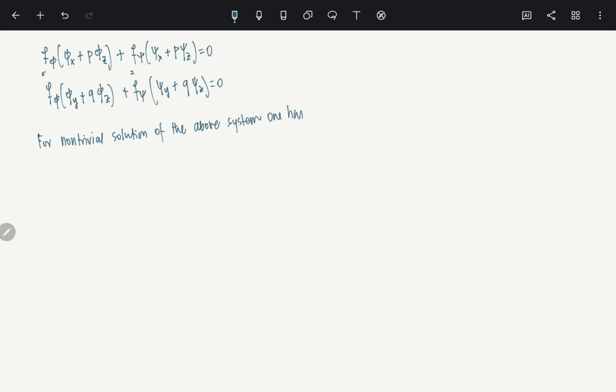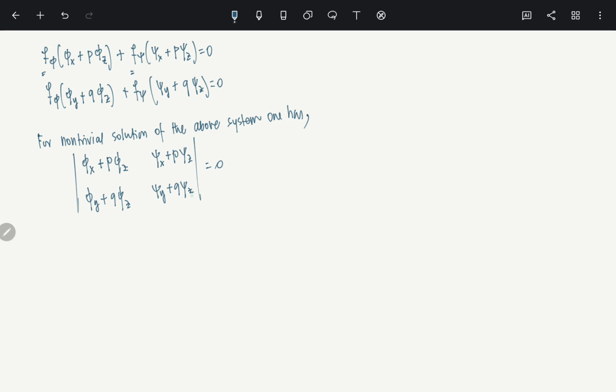One has the determinant of that matrix. So basically, what is it? This is phi_x plus p phi_z, and psi_x plus p psi_z, and then you have phi_y plus q phi_z and psi_y plus q psi_z. This is equal to 0.